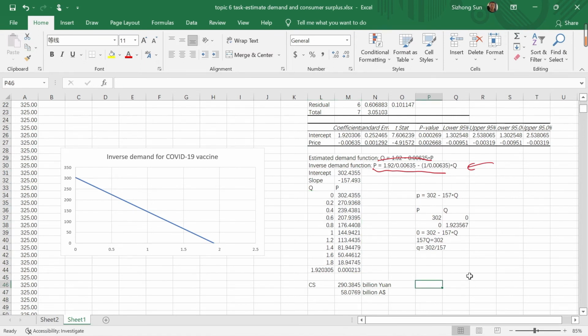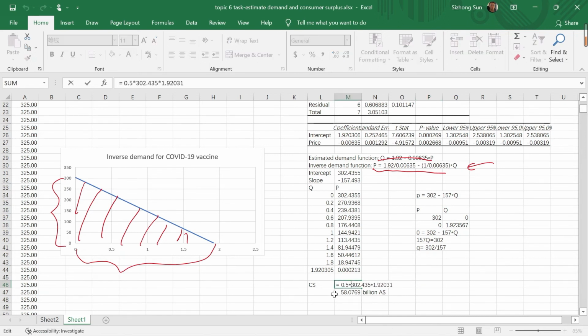Now look at the inverse demand function, and consumer surplus is the area of this triangle. So now it's easy to calculate. It's the length of this side times the length of this side divided by 2. So consumer surplus would be 1/2 times the length of this side. We need to work out this vertical intercept.